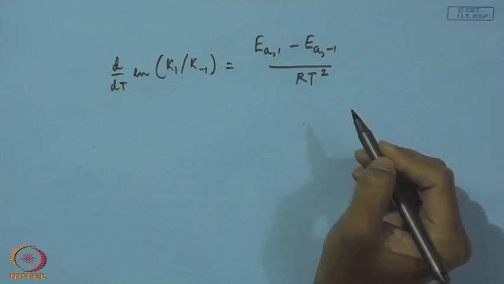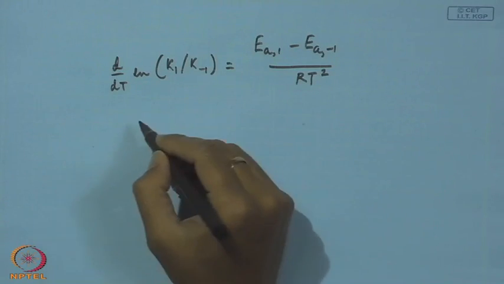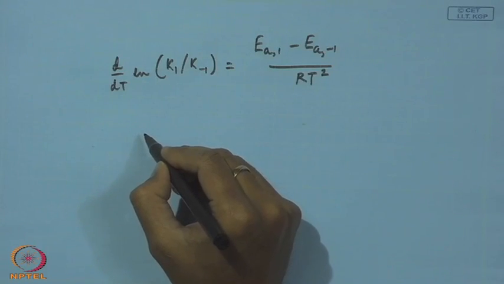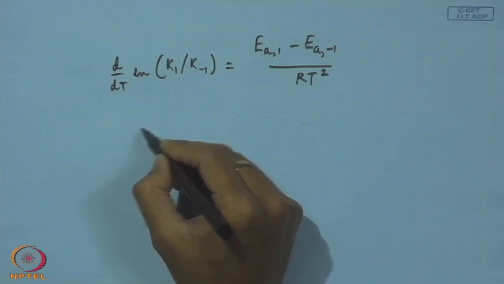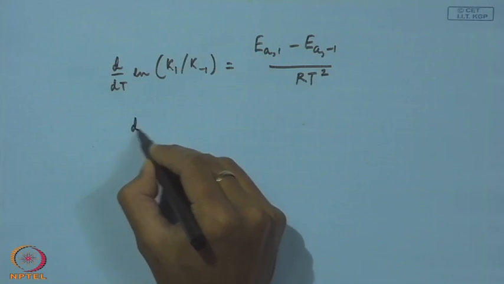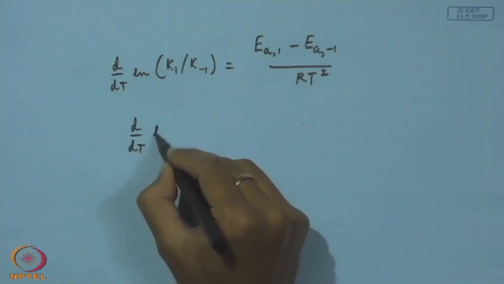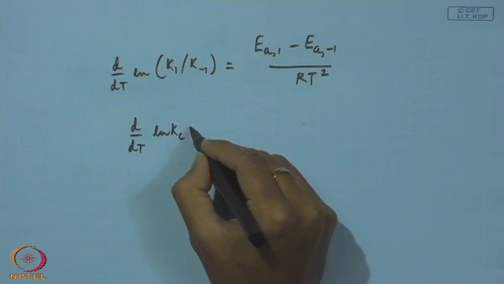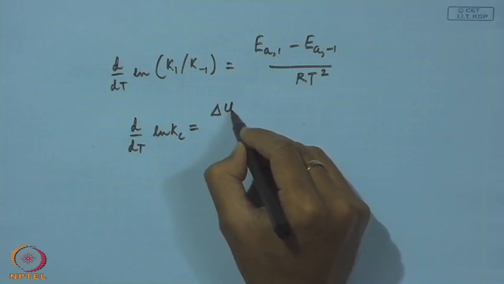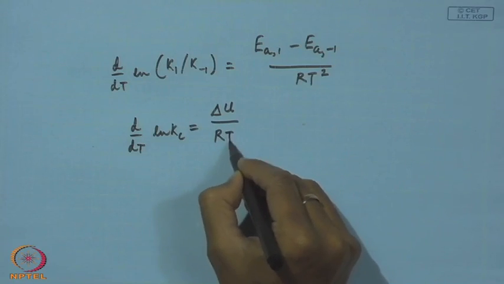Okay. And we know from chemical equilibrium that the concentration equilibrium constant you can relate to temperature by this relation, d dt of ln Kc, it is another Van 't Hoff's equation, delta U by RT square.